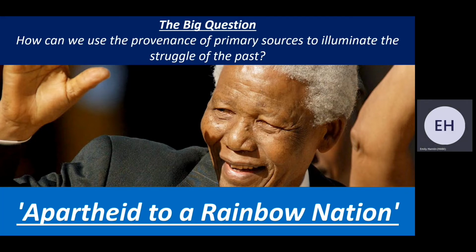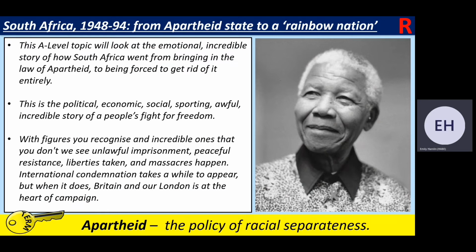These are the kind of integral conversations that we will be having about sources before really deconstructing what's written in them. And we're going to use these discussions to illuminate the struggle of the past, to illuminate, to shine light on, to reveal to us the truth about these people's struggle. And by struggle, we are looking at those who felt oppressed by the apartheid regime.